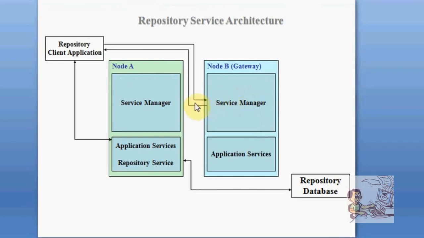Then it replies to that request. After that, the client can access the parent node. From the parent node, we can connect to the repository database. This is the process at configuration time, based on the types of nodes.